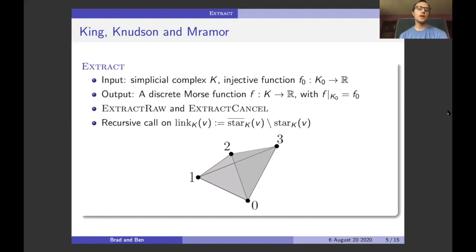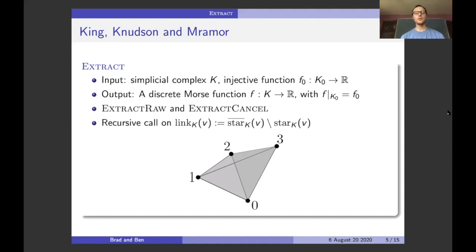Extract Raw includes a recursive call on the lower link. Recall the link of a vertex is the closed star minus the star. For high dimensions, this can get expensive. If you have a d-dimensional simplicial complex, there's always one vertex where the lower link will be a d-1 dimensional simplicial complex.